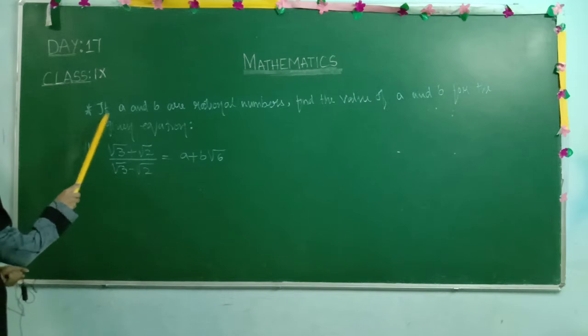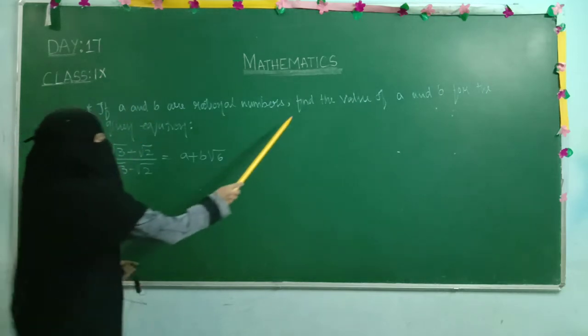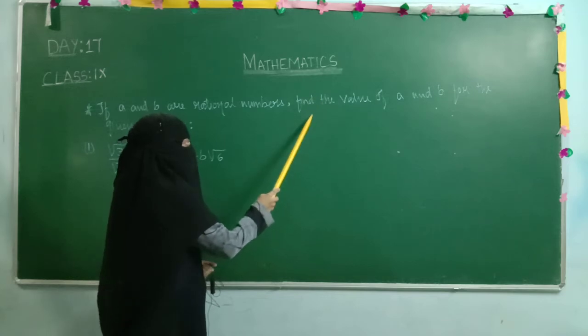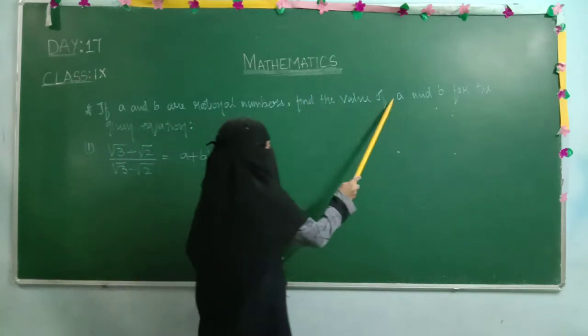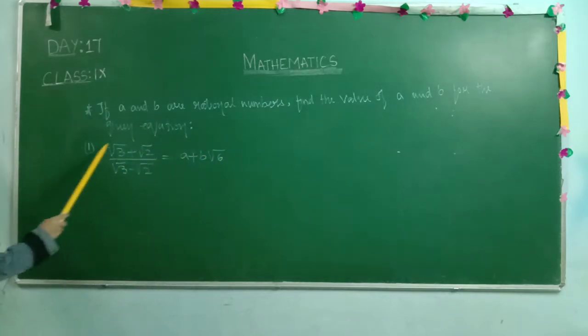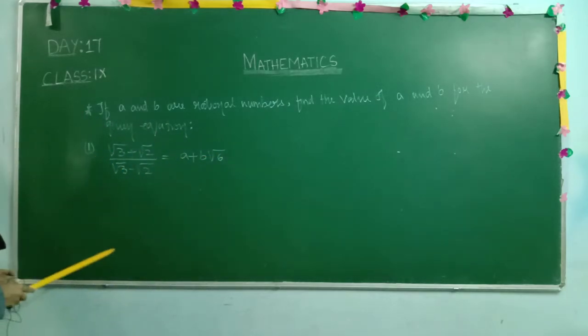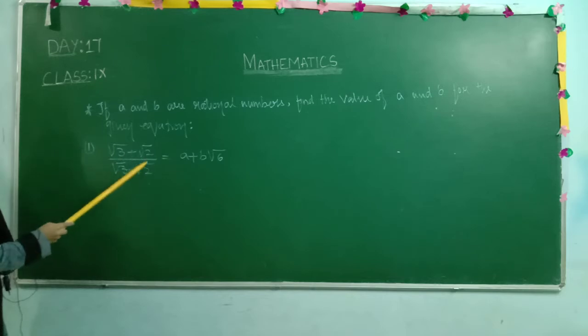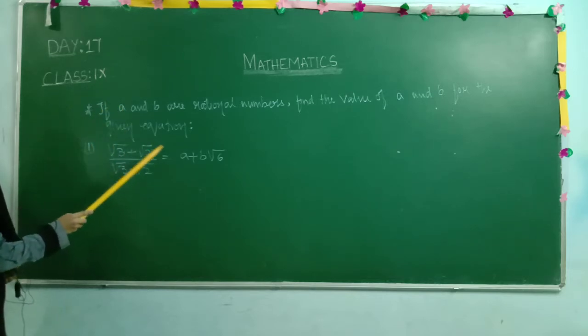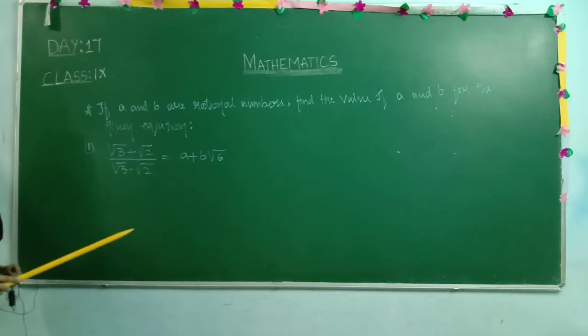So if a and b are rational numbers, find the value of... what do we need to do? What do we have to find? We have to find this a value and b value for the given equation. This is the equation given. In this equation we are observing these are irrational numbers, but in the question they are saying this a and b are rational numbers.